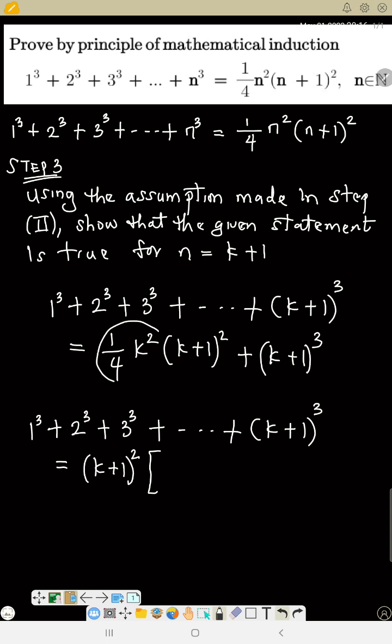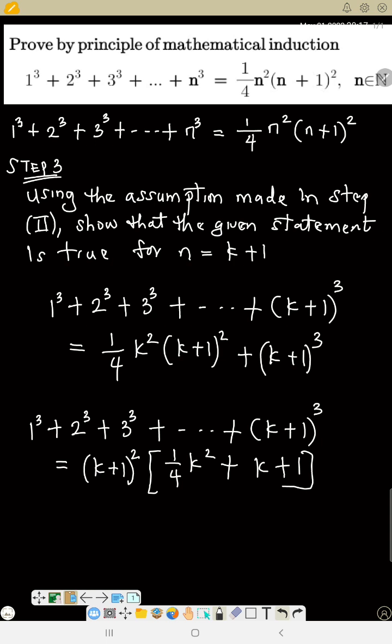It will remain 1 over 4k square plus 2. Of that one, it will go out. It will remain 1. It will remain k plus 1.